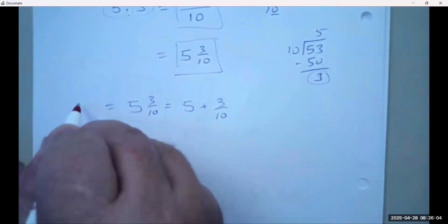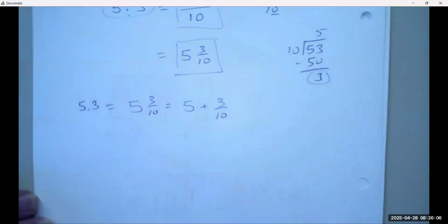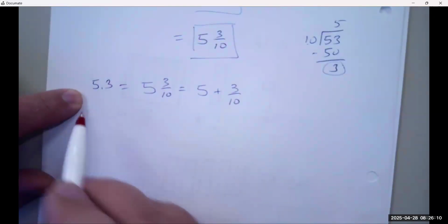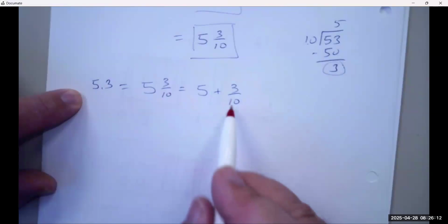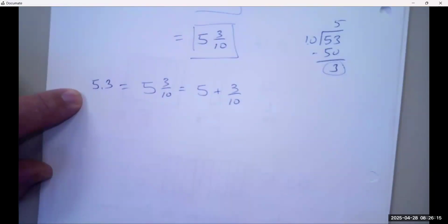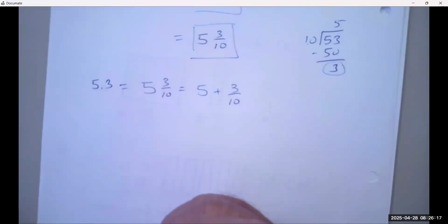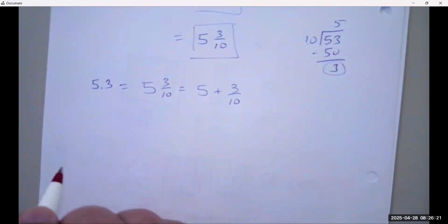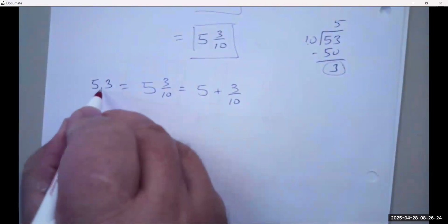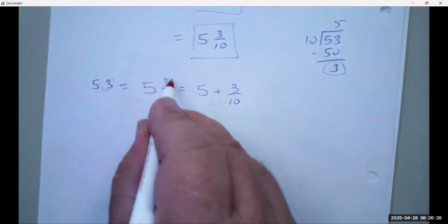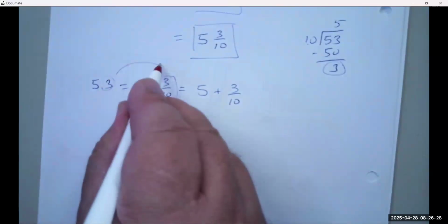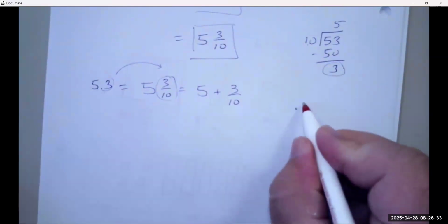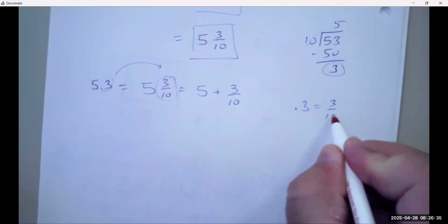Because remember, you're trying to make a connection. So if you have a 5.3, you can also say that's 5 plus 3/10, because I only have one decimal place. And since it only has one decimal place, that's where decimal came from. So that's what 0.3 really is: 3/10.